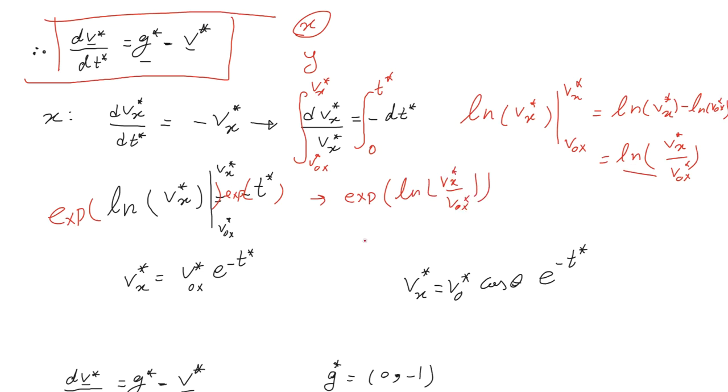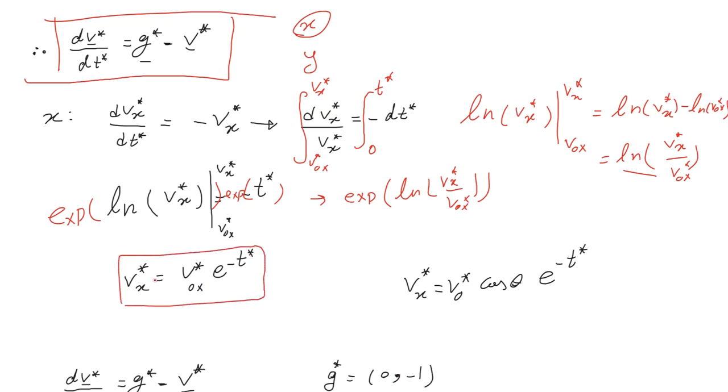And then this becomes this. Right, the exponential of the natural logarithm cancels out. And then for the other side, we have the exponential of minus t star. Right? So then we rearrange it. Let me get rid of these things to have a nicer and tidier board. Okay, so we will have this one.